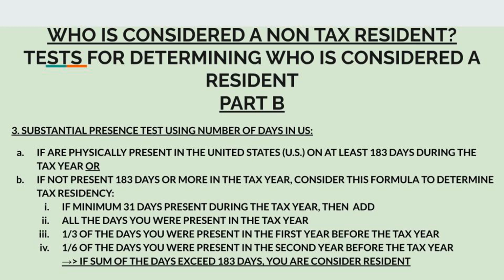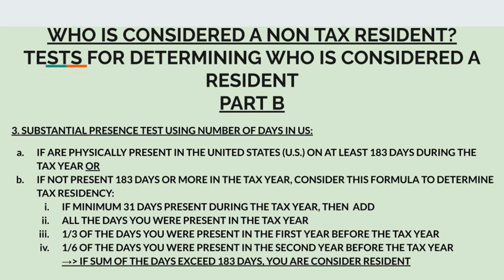If that's not the case, there's another subsection of this substantial presence test, which falls into 4 segments. Number 1, you had to have stayed in the US for at least 31 days during the tax year.